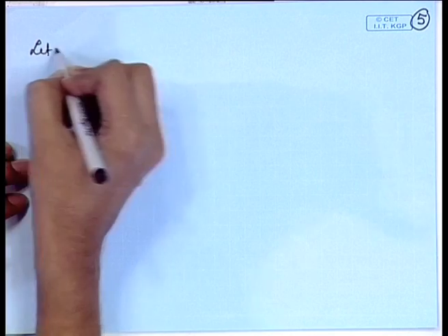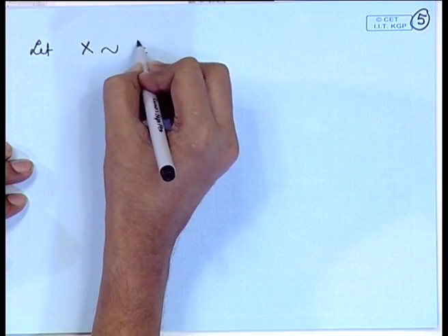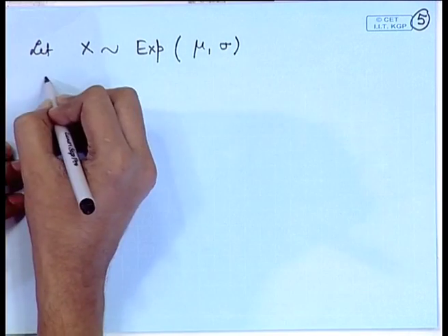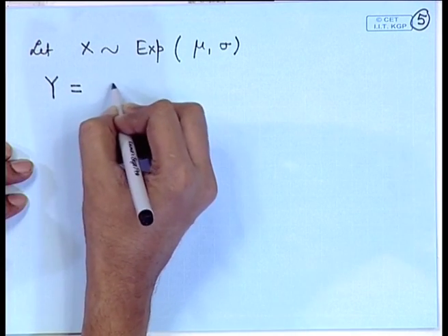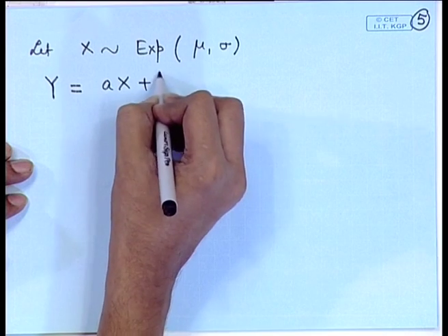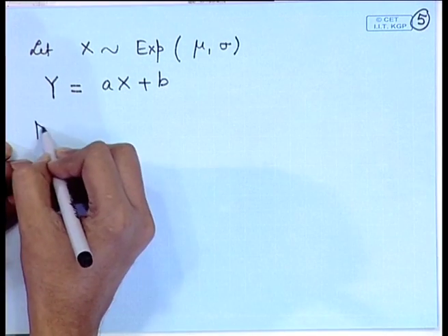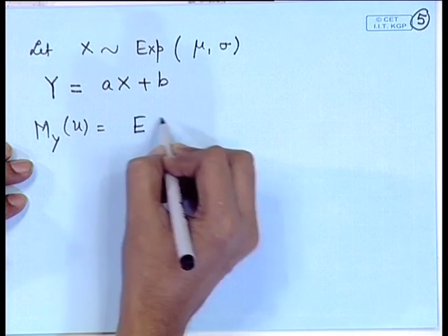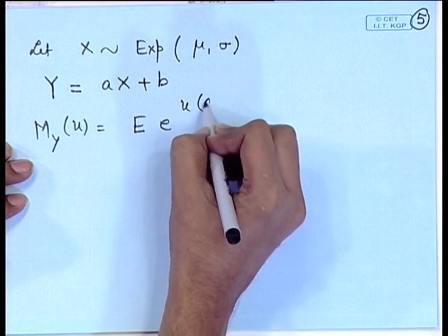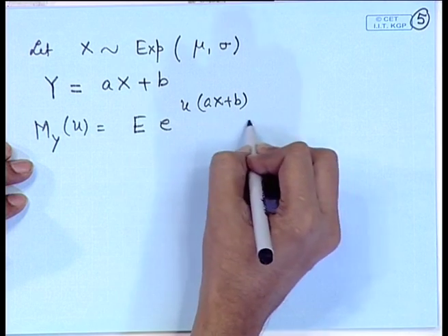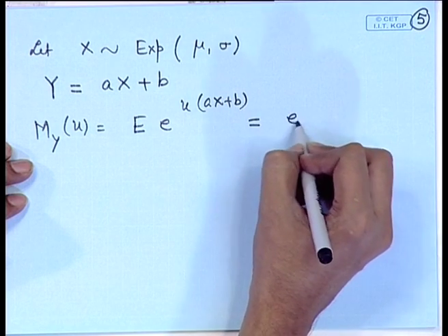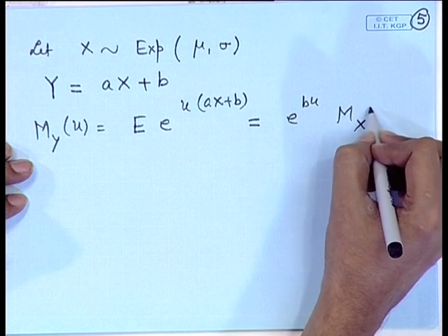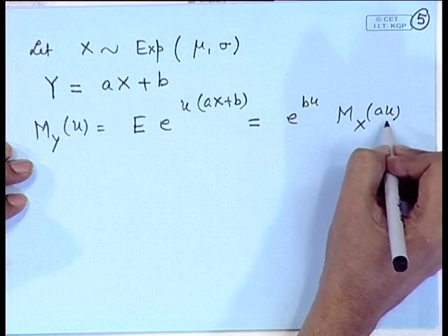So, let x follow exponential distribution with parameters mu and sigma. Consider the transformation y is equal to say a x plus b. Consider the moment generating function of this. Then it is expectation of e to the power u into (a x plus b). This is equal to e to the power b u and the moment generating function of x at the point a u.